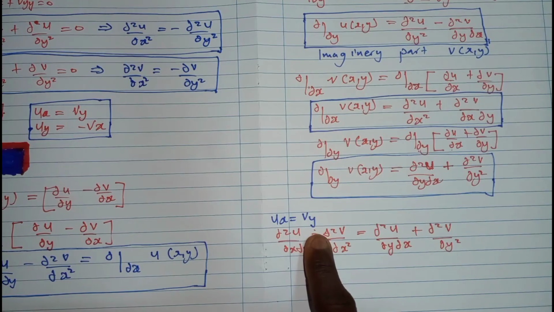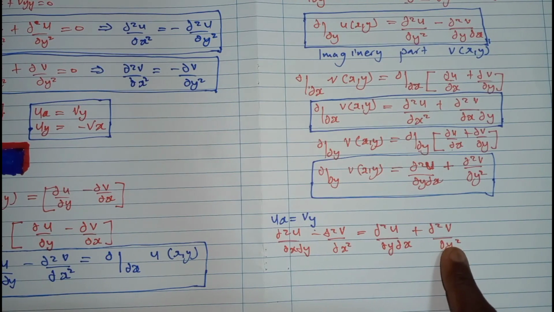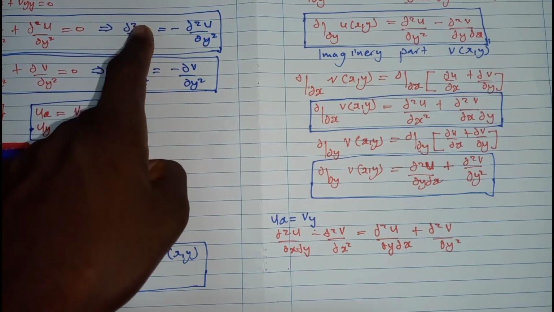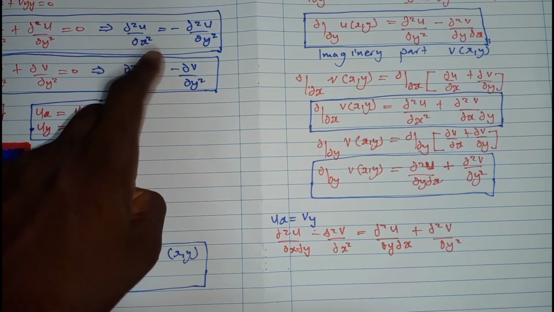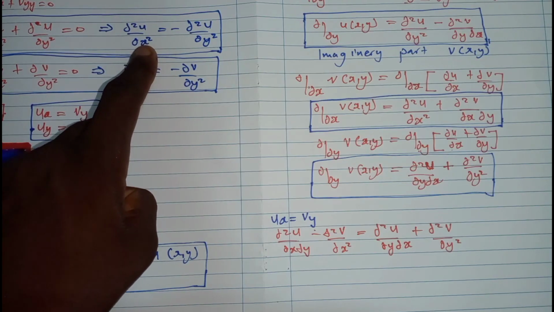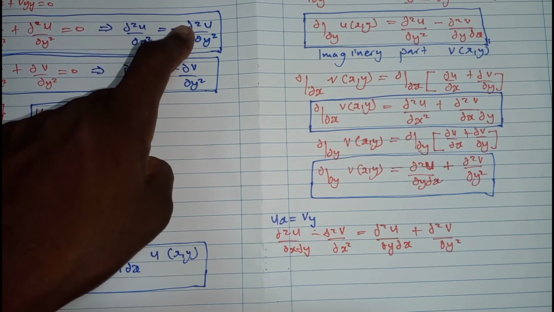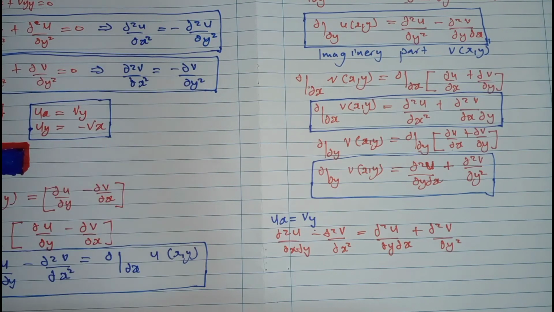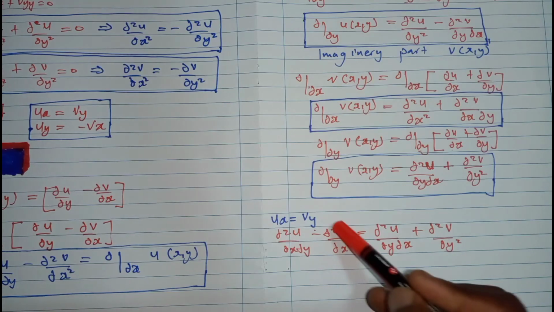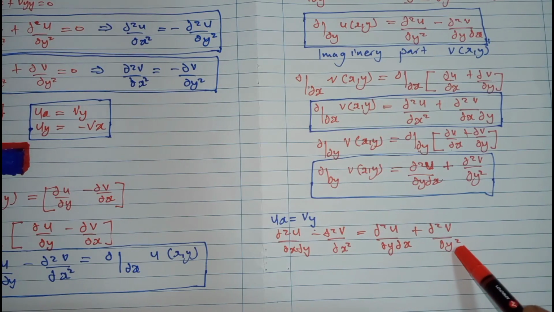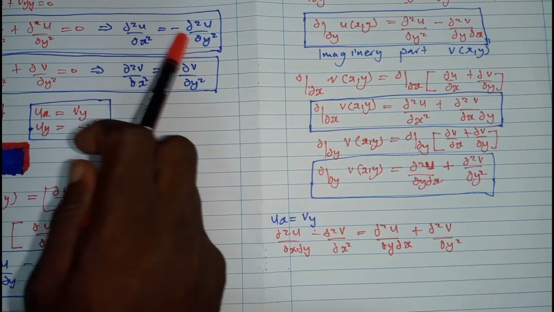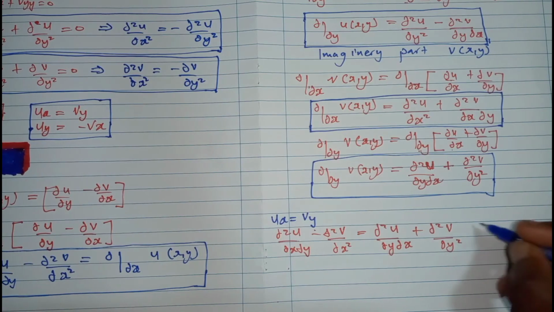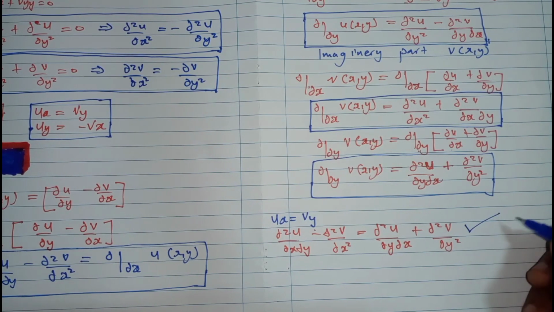But we have a negative v and we have a positive v. But we are told that positive partial 2u partial x squared is equal to negative partial 2u partial y squared. Okay, so as you can see, this negative is equal to this positive according to the harmonic equations. Okay, so that means you can say the first CR, or Cauchy-Riemann, equation is satisfied.